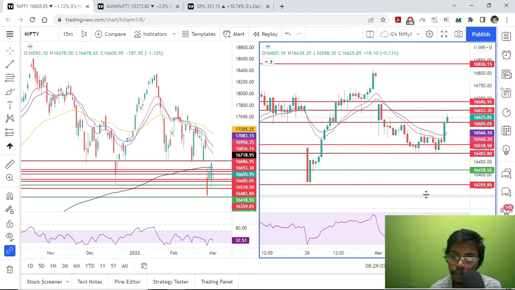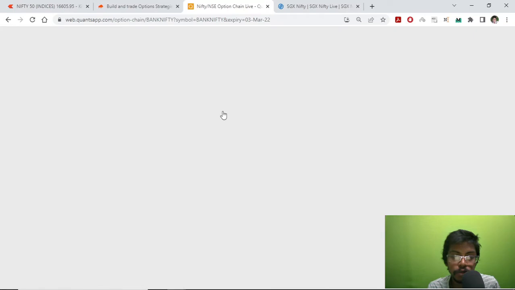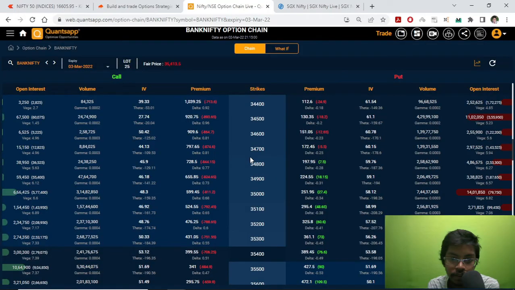But if we see the open interest for Nifty as such, there's pretty much open interest present at 16,500 levels. So let me quickly move this to Nifty. Yes, so at 16,500, there's heavy open interest on put side, which is forming a good base. And on the upside, 16,700, there's good call writing, even at 16,800 and 16,900.